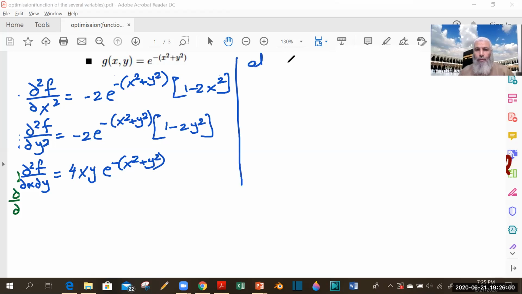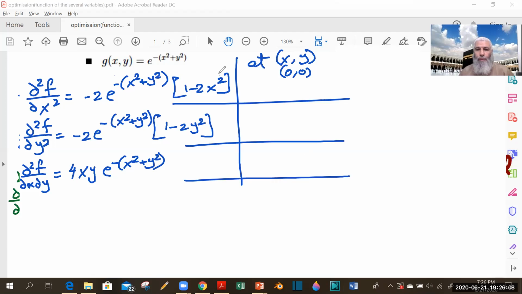So at the critical point xy, which is 0, 0, what is this and what is this and what is this? We will, so e power 0 is what? E power 0 is 1. Anything power 0 is 1. Right?